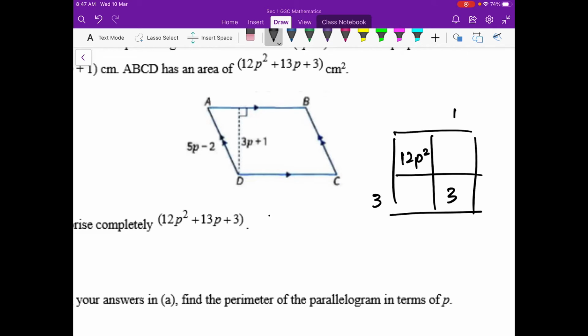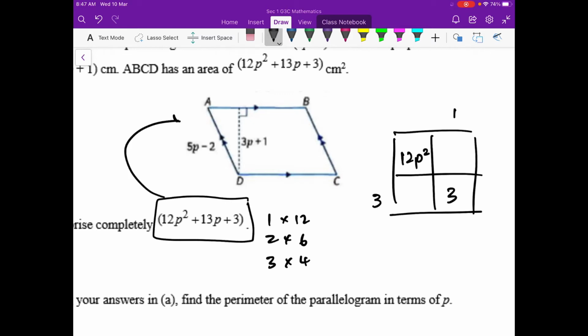So I have to try 1 times 12, 2 times 6, 3 times 4, and the other way around, and then negative. Right? That is for the 12p squared. But, do you think this is going to be related to the area of this parallelogram? I mean, do you think it is going to be related with the way we find the area of a parallelogram?